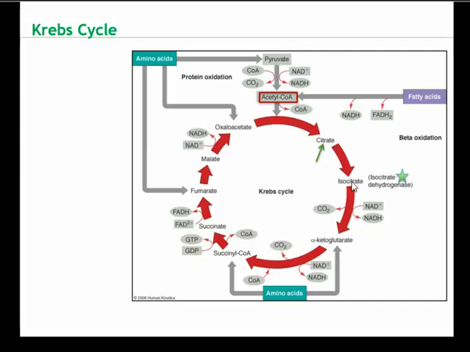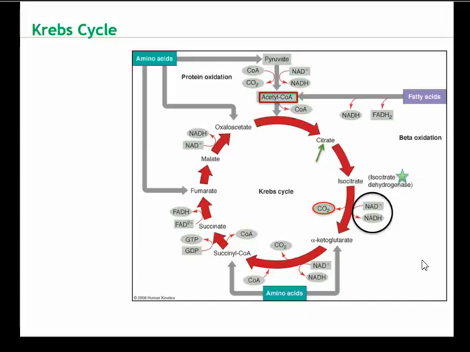So during this conversion, we have a loss of electrons. The electrons are picked up by the NAD molecule, forming NADH, which is moved over to the electron transport chain. So we have our first CO2 that was lost and our first NADH that was produced.